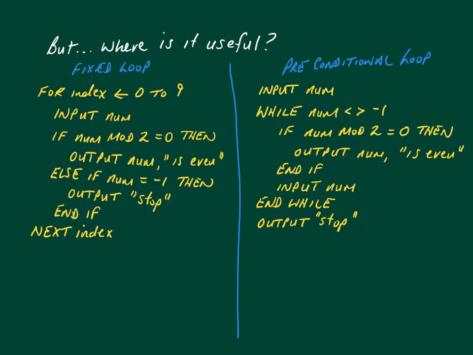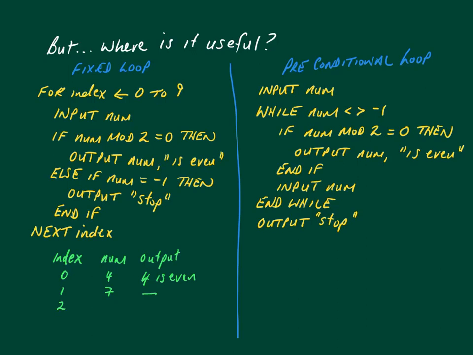So let's trace these two and see how they compare. In the fixed loop program, we have 3 columns. We have index, we have number, and we have the output column to display what's happening. If I enter the first number as 4, so index is 0, the output is 4 is even. And in the second iteration, if I enter the number 7, that's odd, so nothing happens, there's no output.